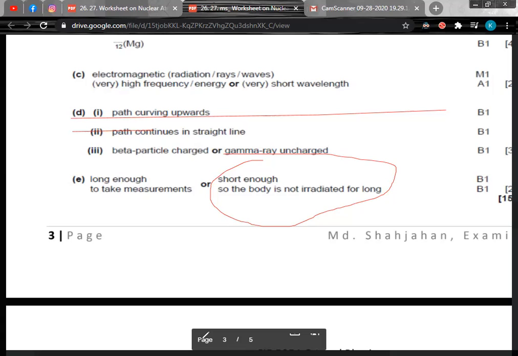So it is more harmful. If it has a shorter half-life, then it is working for less time. So that is the main thing. It is related to time. Yes, sir. Okay, go to your next one.